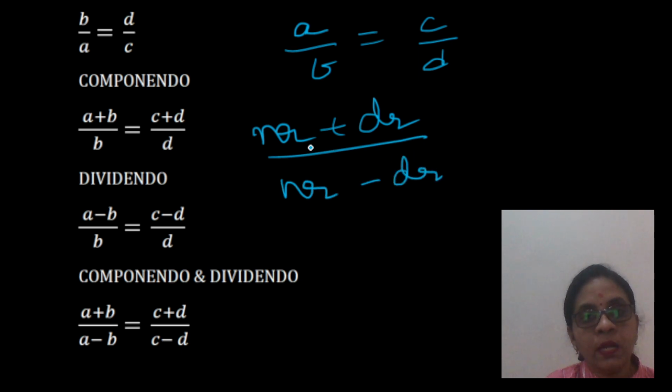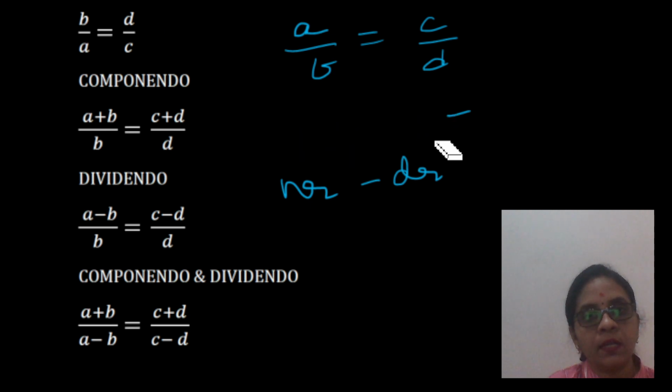It is numerator plus denominator by numerator minus denominator, which is the same to the other side also. So let us apply this. What is numerator, children?